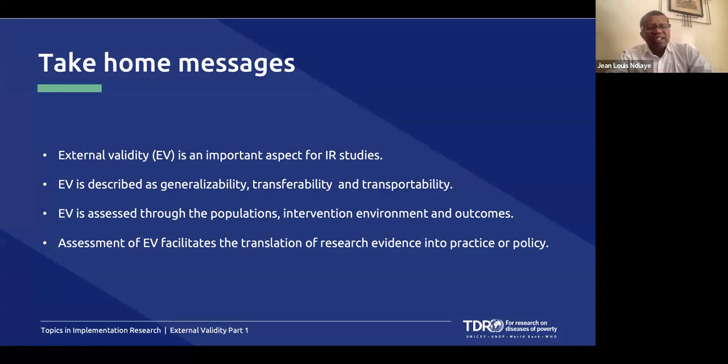External validity is also assessed through the population, the intervention, the location, the timing, the environment, and the outcomes. And this assessment can facilitate the translation of research evidence into practice or policy, which is really the goal of implementation research.